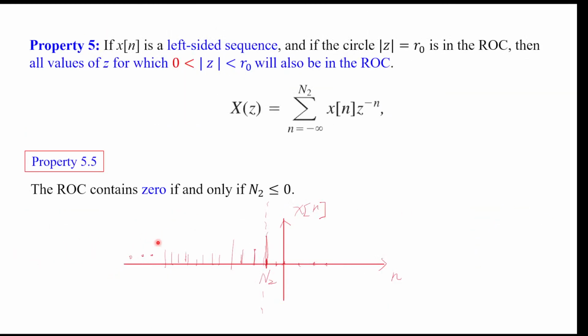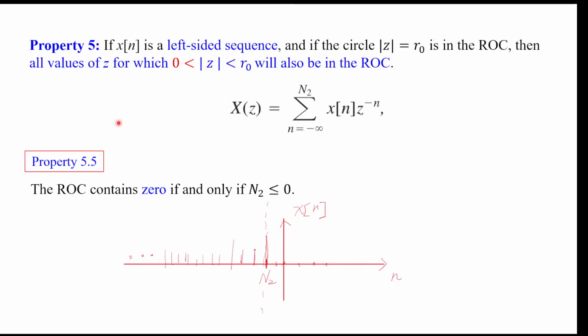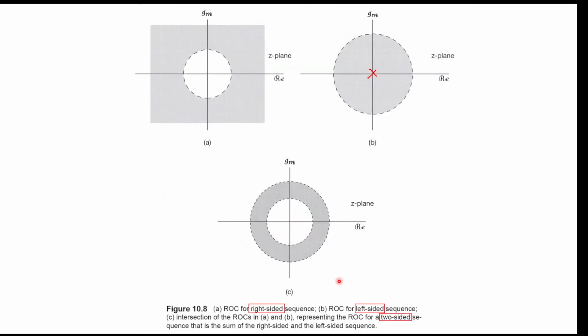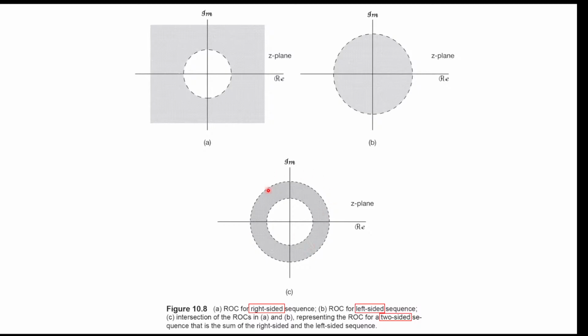Left-sided is similar: if your signal is left-sided, the ROC is inward, but it includes 0 if and only if x of n is 0 when n is greater than 0. So the ROC can look like this, and it might not include 0. And if you have a two-sided signal, then your ROC will basically be a ring or a donut.